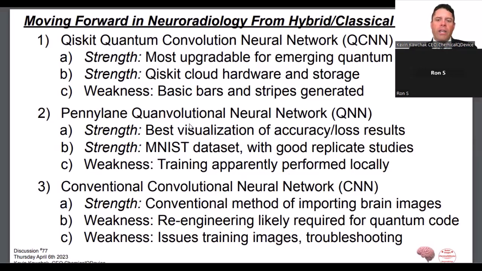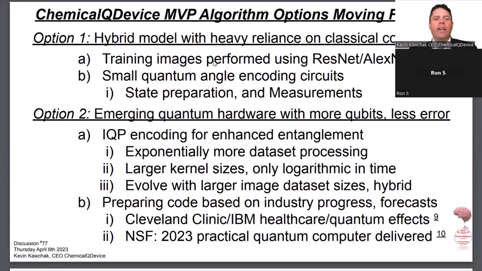And then this conventional one is able to import the bigger data sets and reduce them, and still classically, either on this or other modern hardware, you're likely not able to do 512 by 512 or 256 by 256 stock training and testing with any type of efficacy. And basically in these things, also incorporating IQP, it's a more challenging encoding set, preparing code based on industry forecast and progress as well.